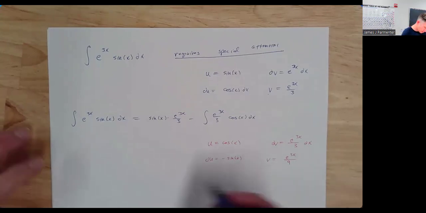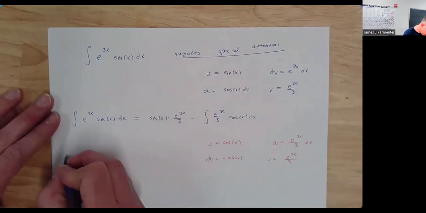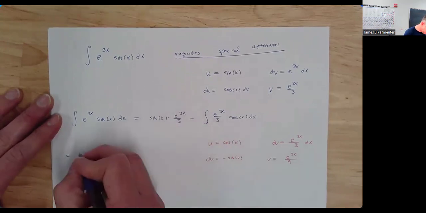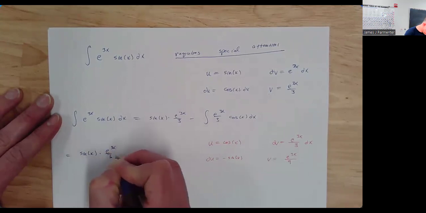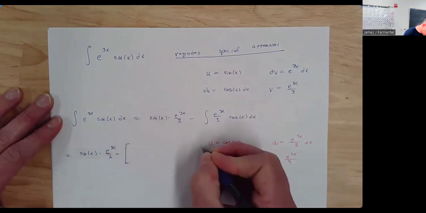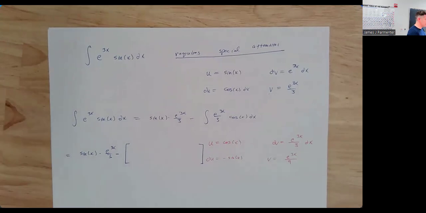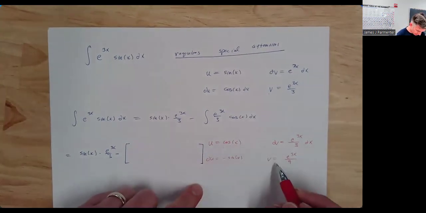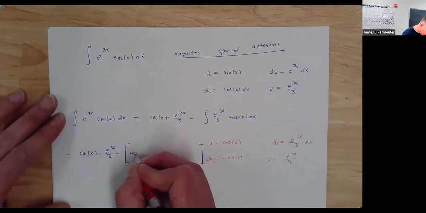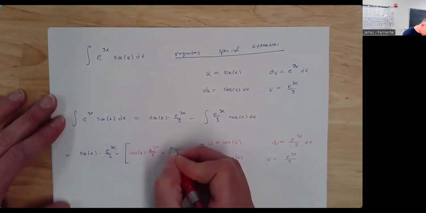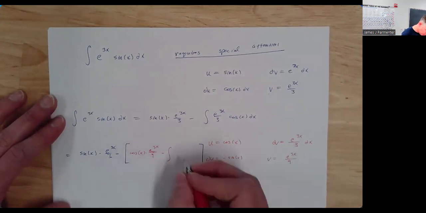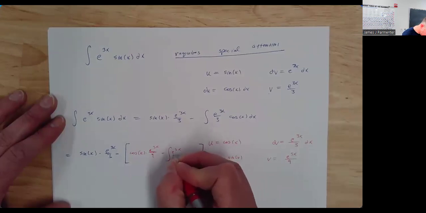So then, this is going to be equal to, I still have this front part here, sine of x times e to the 3x over 3, minus the entirety of my uv minus the integral of v du. So it's going to be minus this u times this v, so cosine of x times e to the 3x over 9, minus the integral of v du, which is e to the 3x over 9.